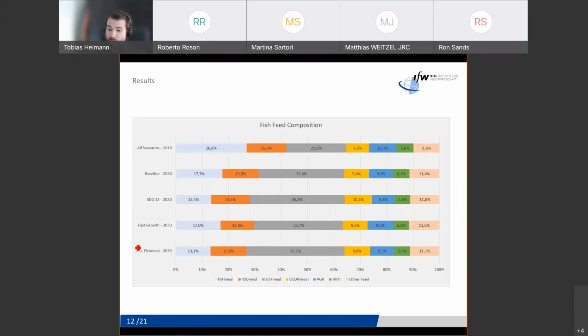Therefore, when we limit the fish meal production in this scenario, so in absolute terms it's the same as in the baseline, the share drops down to 13%, which is by coincidence quite close to the value of the SDG 14 scenario. And in nearly all scenarios, most times the feed is substituted by soybean meal.